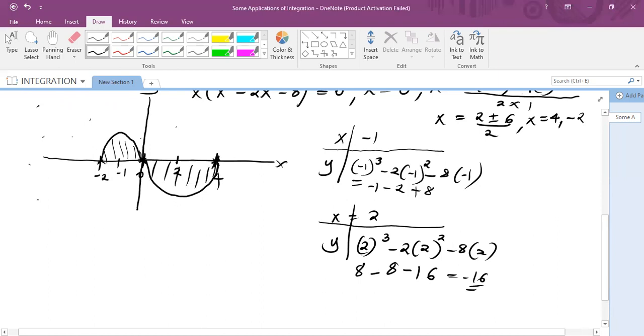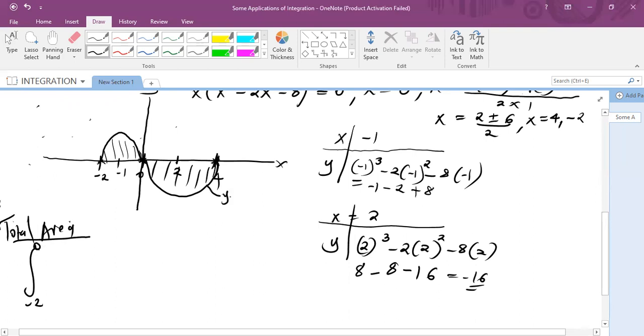So now the next thing is to come up with the integral that defines the total area. So how are we going to get the total area? So the total area will be given by, now look at the shaded area. The limits are from -2 to 0. So it will be given by integral from -2 to 0 of the value of the curve.